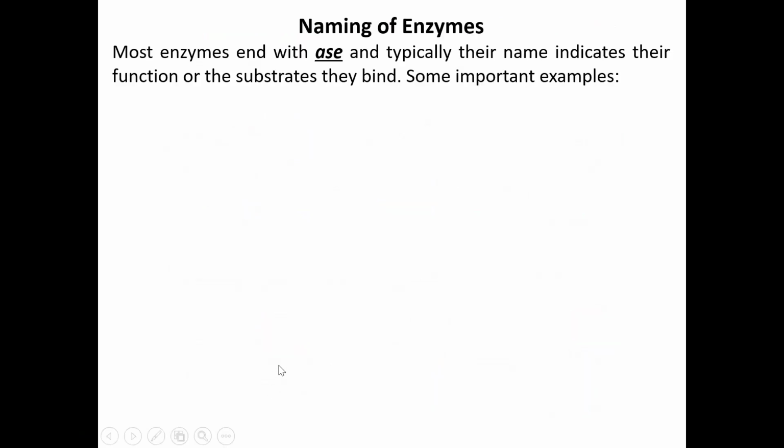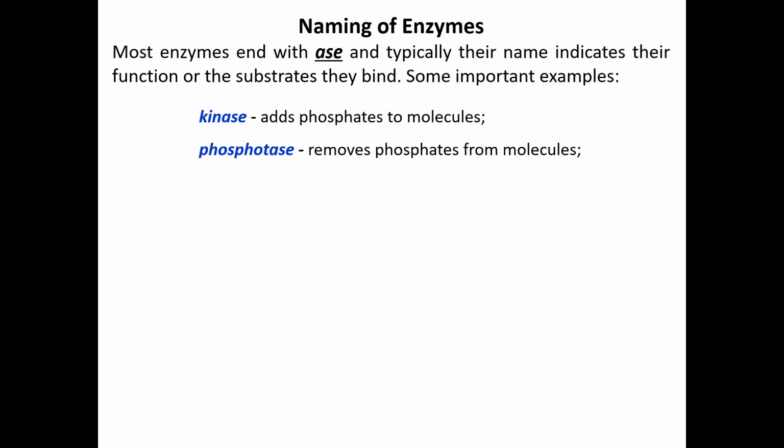So in terms of naming of the enzymes, enzymes usually end with -ase, okay, and typically their name indicates their function or the substrate they bind. Important examples include kinase, which adds phosphate to molecules, and phosphatase, which removes phosphates from a molecule.